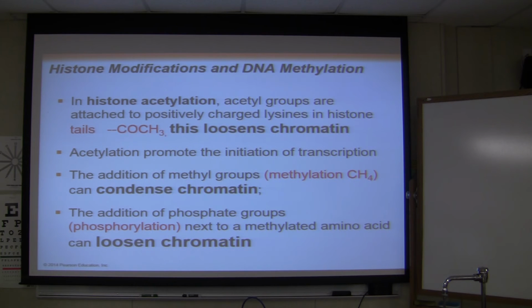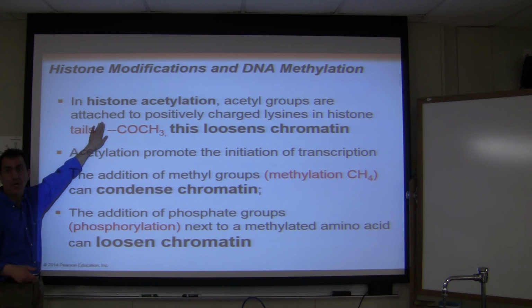And what is the advantage of loosening up chromatin? Anybody? Yes, then transcription can occur. When transcription occurs, then the protein molecules are synthesized. That's the advantage of it. So you're turning on genes in here.